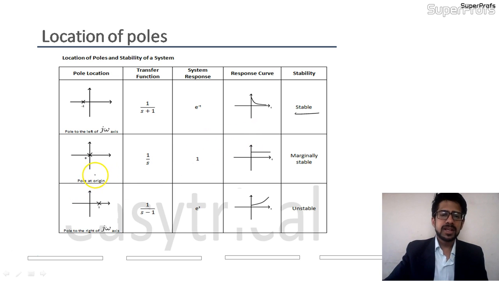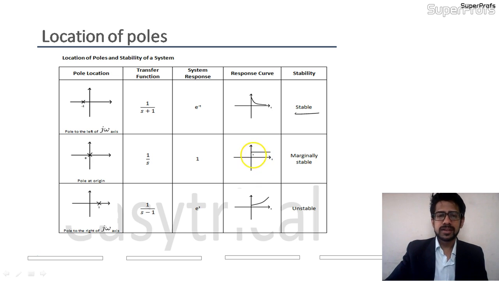Okay. Similarly, if you take the root at origin, you have a transfer function 1 upon s. The system response is equal to 1, and the response curve is given by this particular shape.